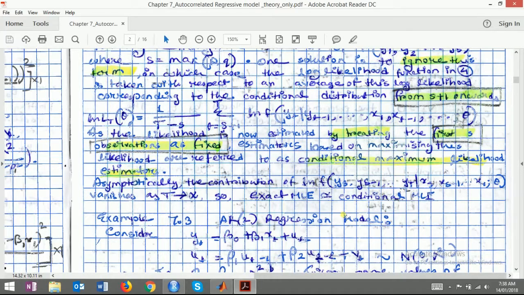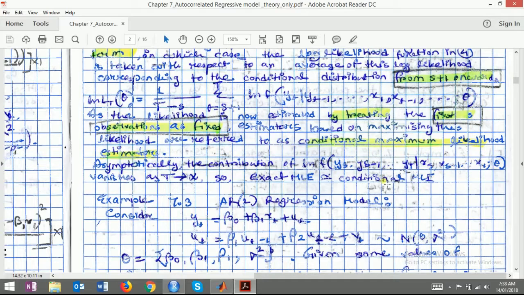Asymptotically, the contribution of the log of the marginal distribution function vanishes. So asymptotically this contribution will vanish as t tends to infinity. Hence the exact maximum likelihood estimator, which is both the parts marginal and conditional added together, will converge to the conditional maximum likelihood estimator.